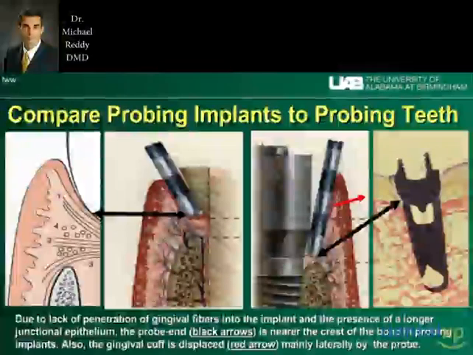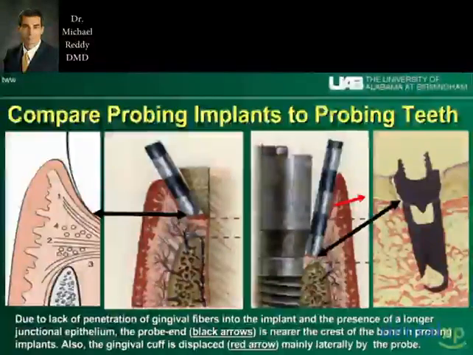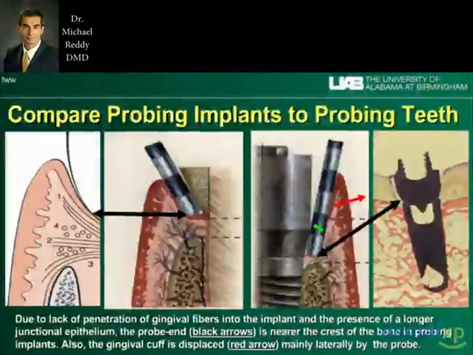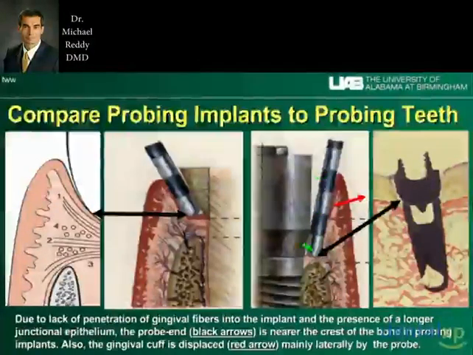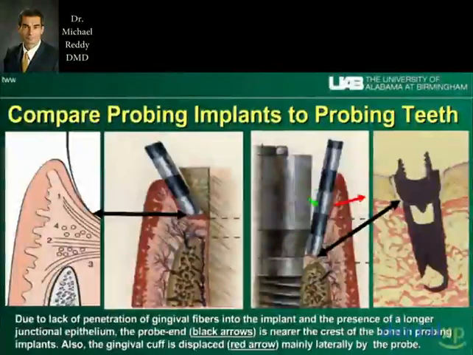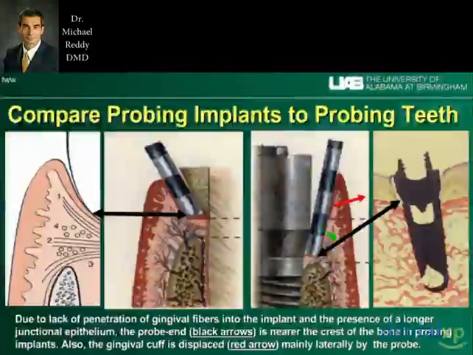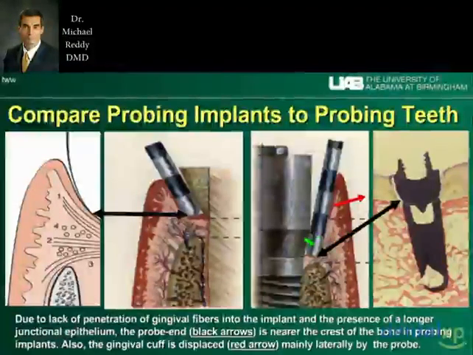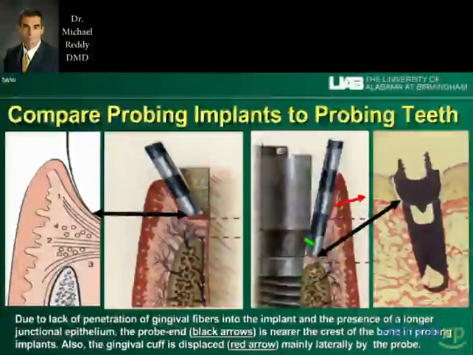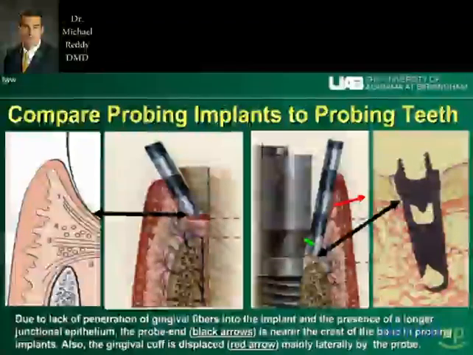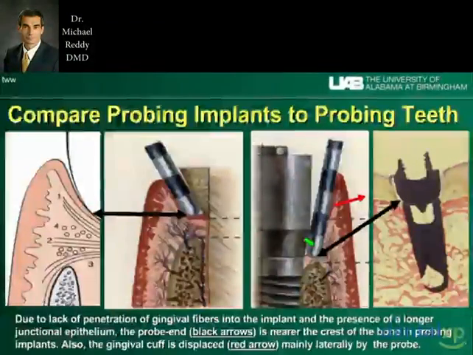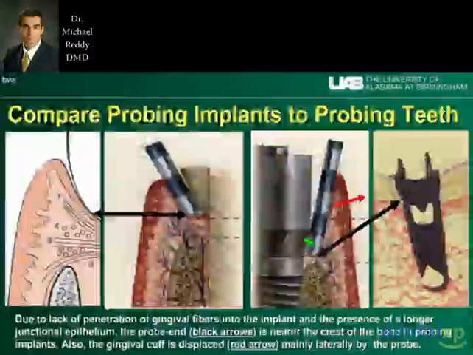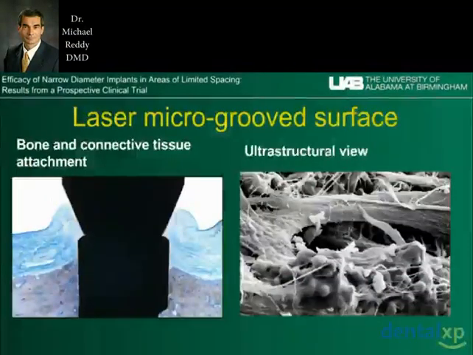So if we could mimic that attachment, which we don't have on an implant, where the probe goes much deeper, and that's why we always see deeper probing depth on an implant, if we could get the connective tissue to attach to the implant at the top above the bone, we may be able to prevent that crestal saucering that we sometimes see in implants. So this may be an effective strategy.